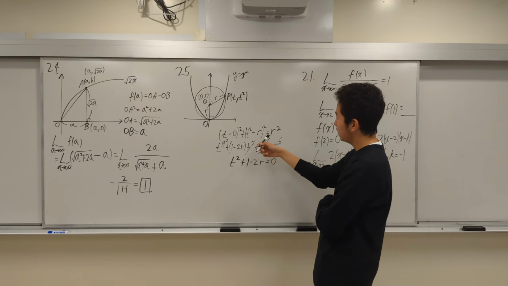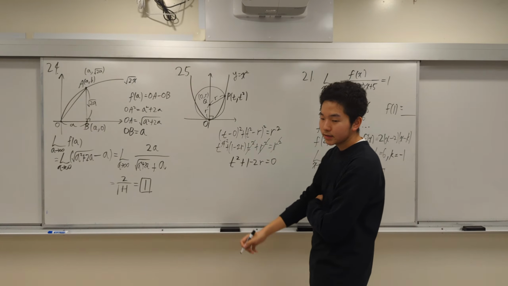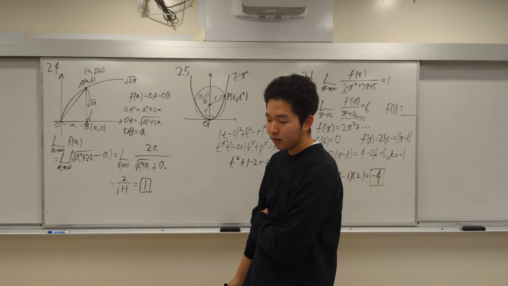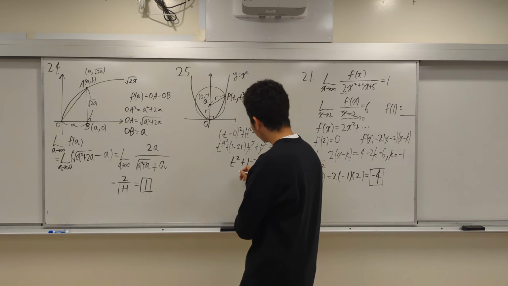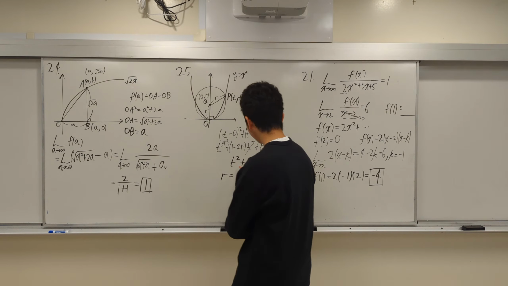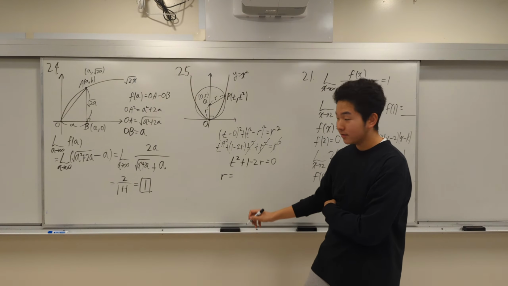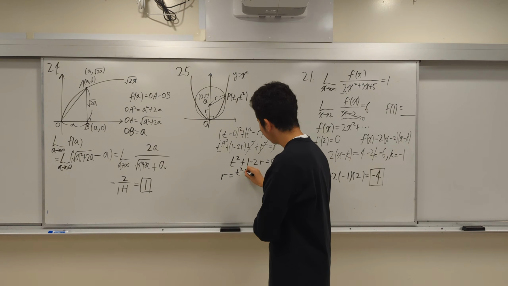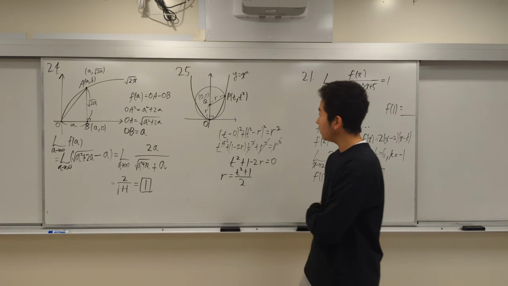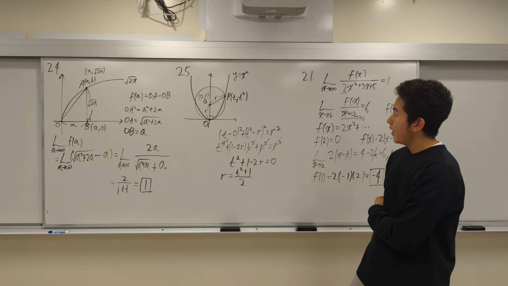So r equals t squared plus 1 divided by 2. Yeah, we got that.